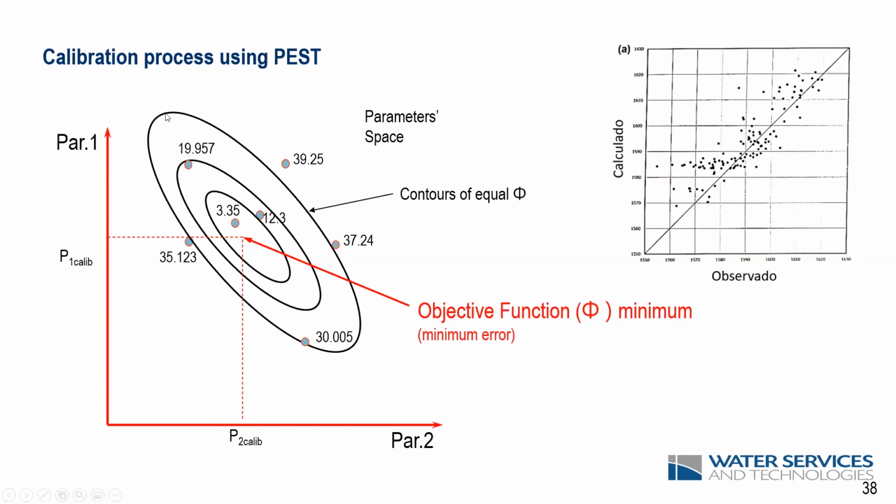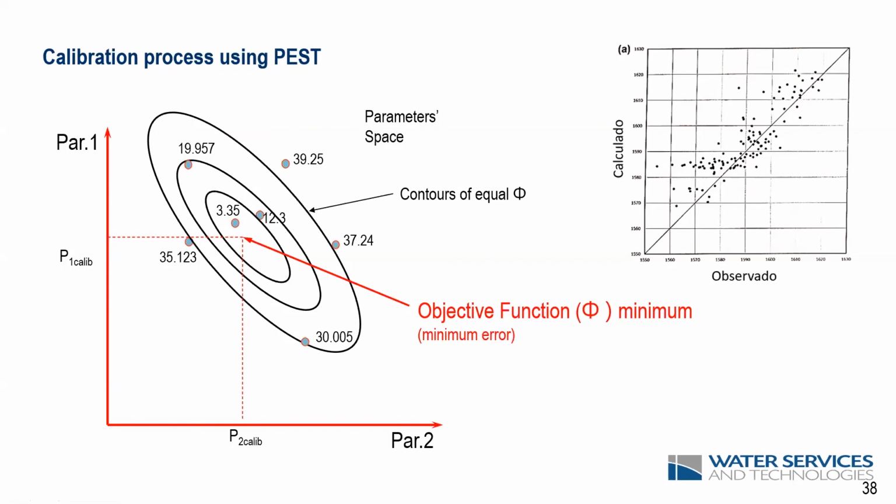We can see that there are isolines of similar errors. And as you improve your calibration, your objective function moves into this area here where we get this minimum error. And then once PEST reaches this minimum error condition, then it will conclude the simulation.